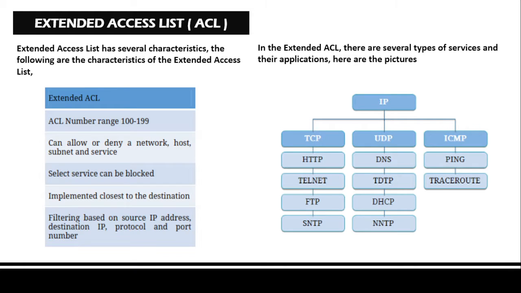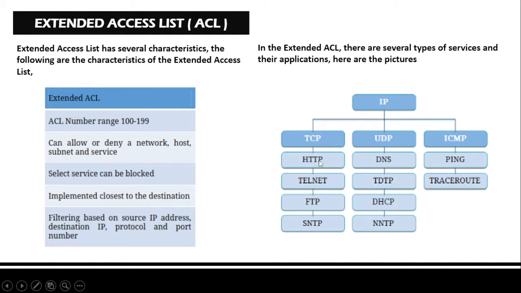In the extended access list, there are several types of services and their applications. Here is the picture. At the top, there is IP. This IP is divided into three: TCP, UDP, and ICMP.